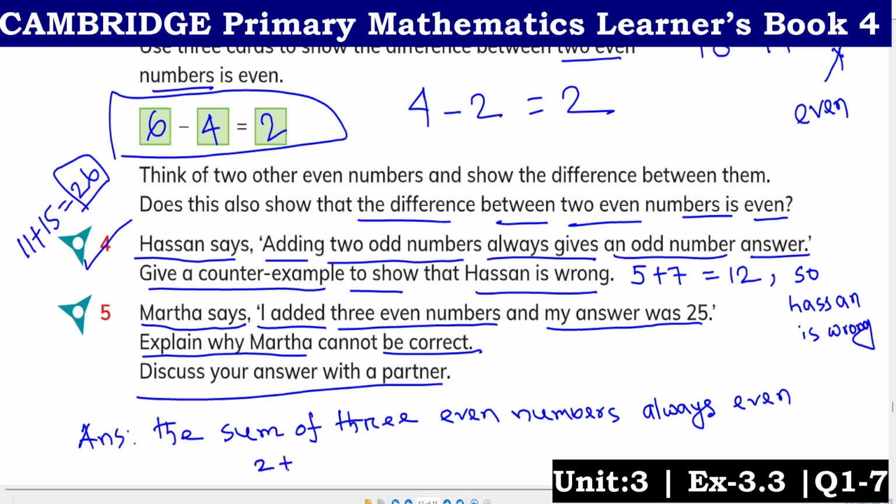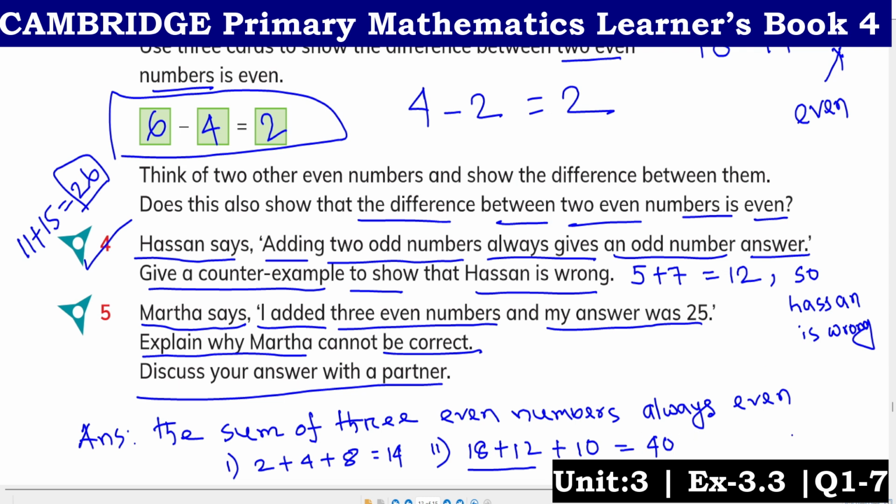Suppose 2 plus 4 plus 8. 8 plus 4 is 12, plus 2 is 14. That's one example. Second example, like 18 plus 12 plus 10. 18 plus 12 is 30, 30 plus 10 is 40. So it will never become an odd number.